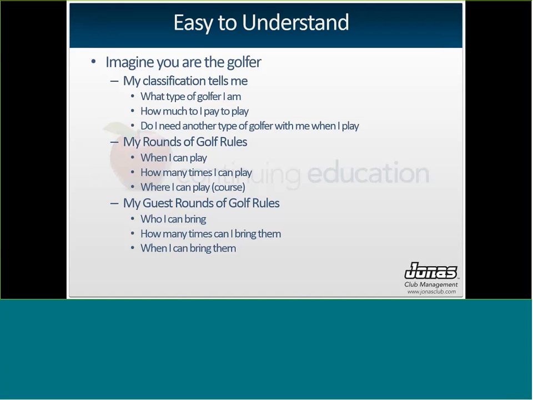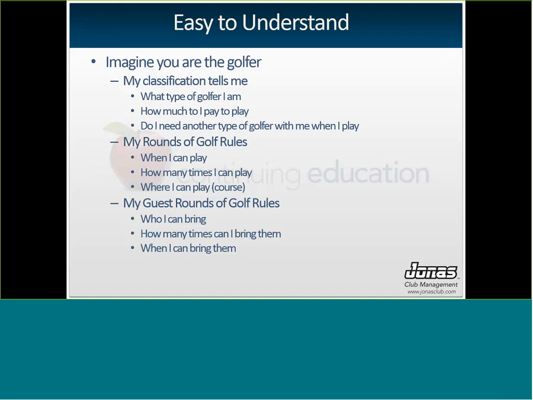And my guest rounds of golf rules tell me who I can bring, how many times I can bring them, and when I can bring them. And that guest themselves has a classification which tells them what type of golfer they are, how much they pay to play, and do they have to have somebody with them. Their rounds of golf rules say when they can play, how many times they can play, and where they can play.